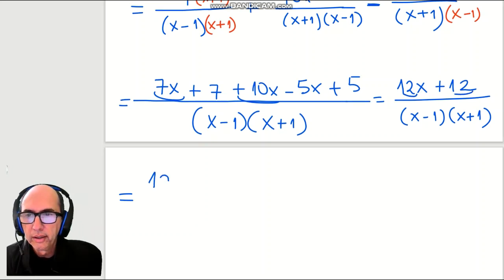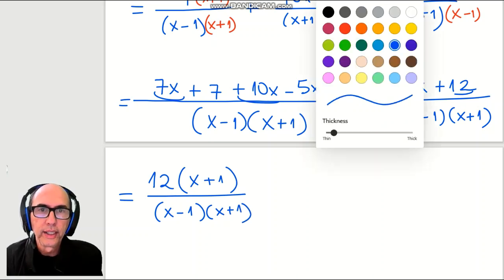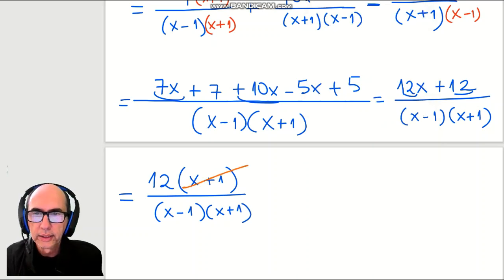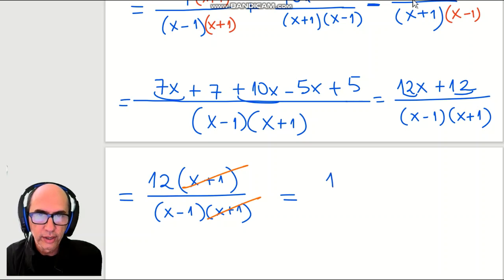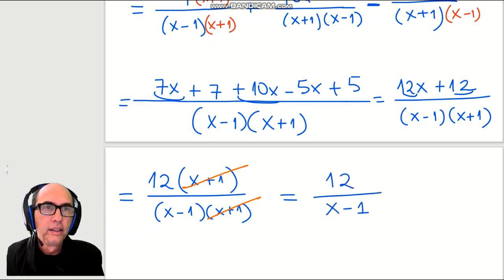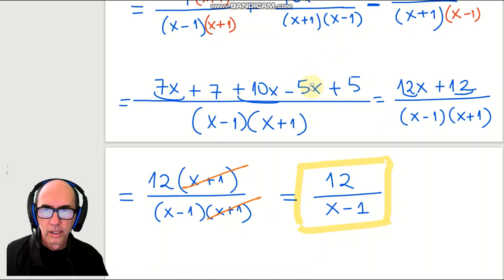We can factor out 12, x plus 1, over x minus 1 times x plus 1. And of course we can cancel because x plus 1 divided by x plus 1 is 1. Now is the final answer, 12 over x minus 1. There's no way of simplifying any further.